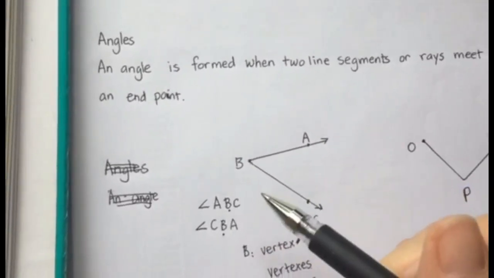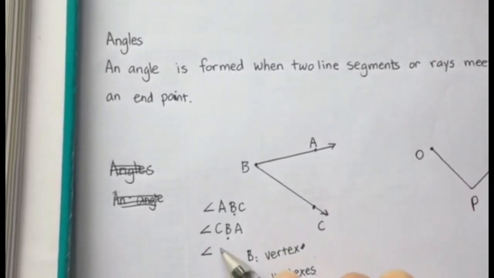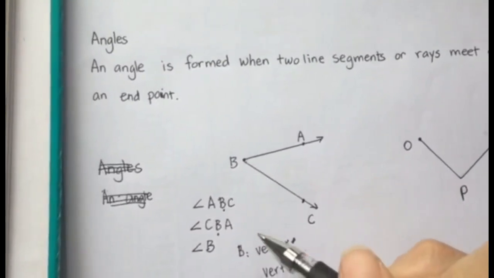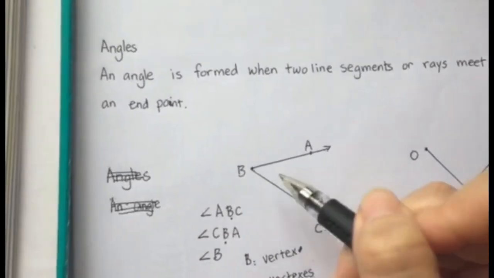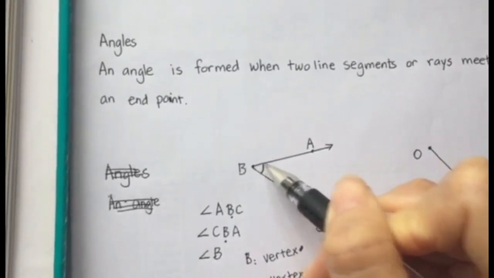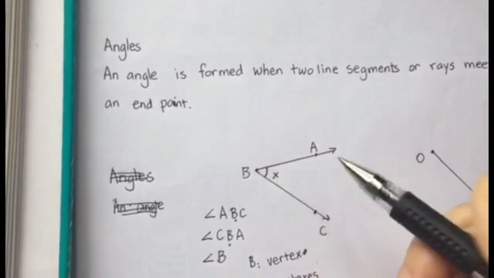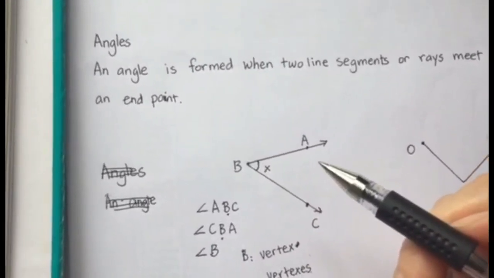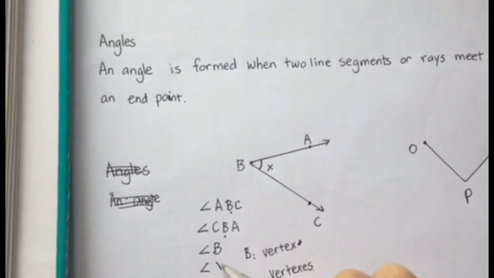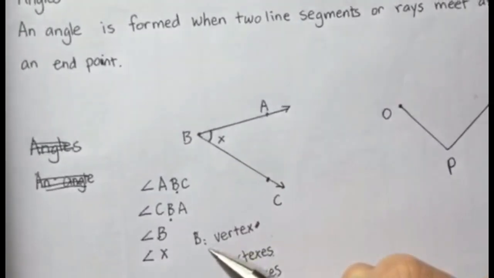And we can also name it angle B, just the vertex. And if we mark the angle like this and put a letter here, we can also call it angle X. So this is how you name an angle.